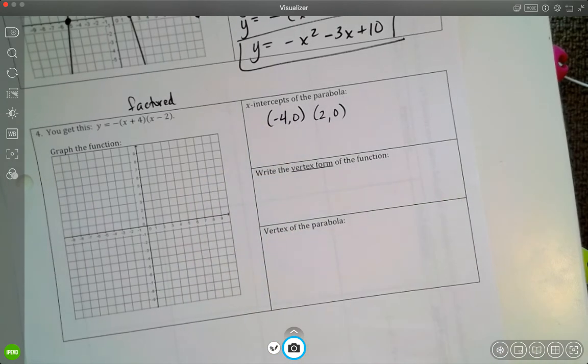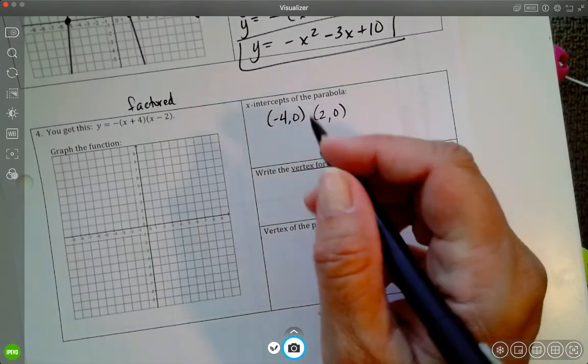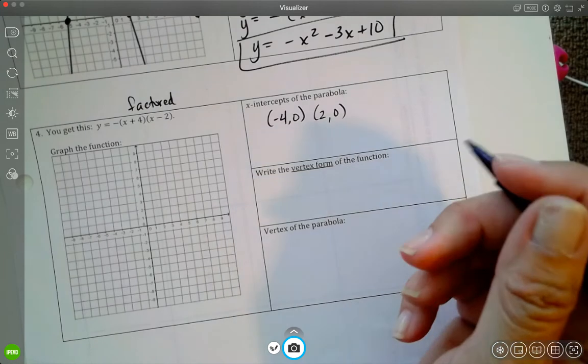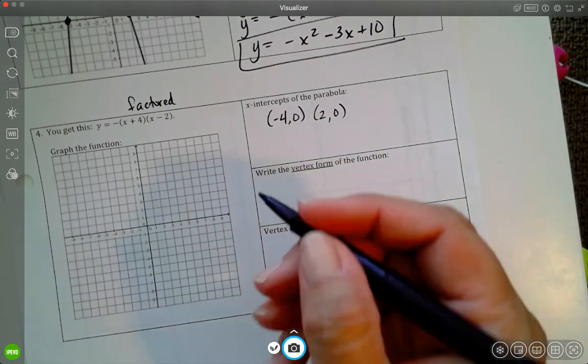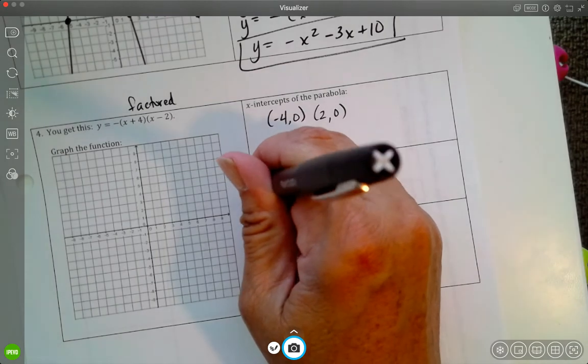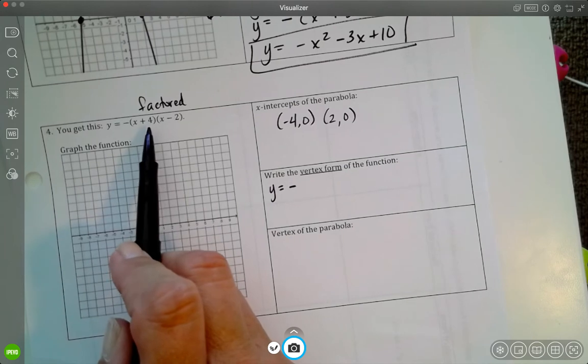All right, write the vertex form of the function. Okay, so for vertex form, I kind of like to start from at least something that resembles standard form. So I'm going to go ahead and just multiply this out, like FOIL it out as if I was going to do standard form.